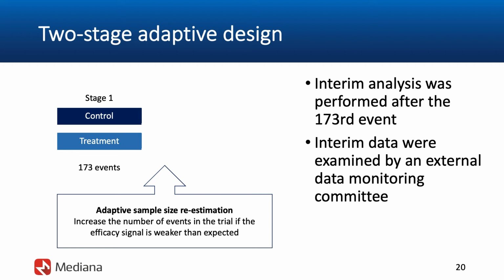The interim analysis data were to be used to support a number of decisions, but here we're going to focus on a decision to potentially increase the number of events in the trial if the efficacy signal or conditional power happens to be lower than originally expected.